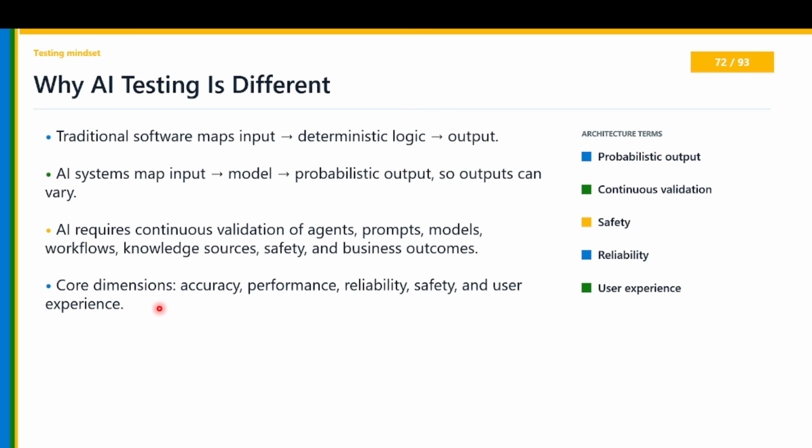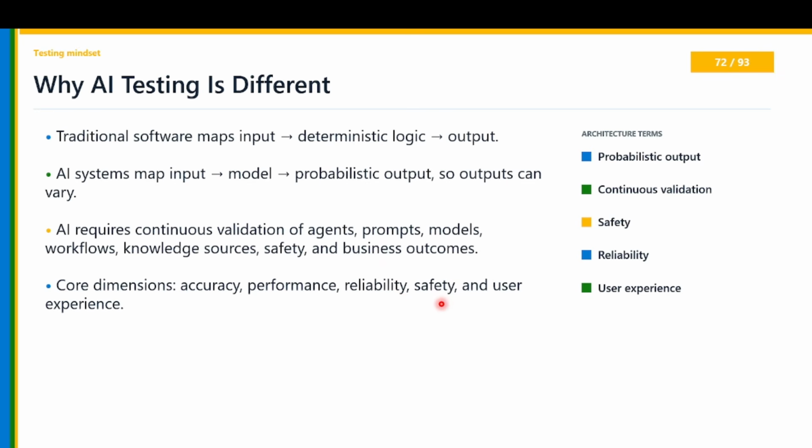So whenever you are testing, have the accuracy of the output of the model in mind, have the performance of the whole system in mind. Make sure you determine performance and the percentage accuracy to measure performance. Make sure you determine the reliability. Okay, how reliable is the agent even when it is subject to heavy work.